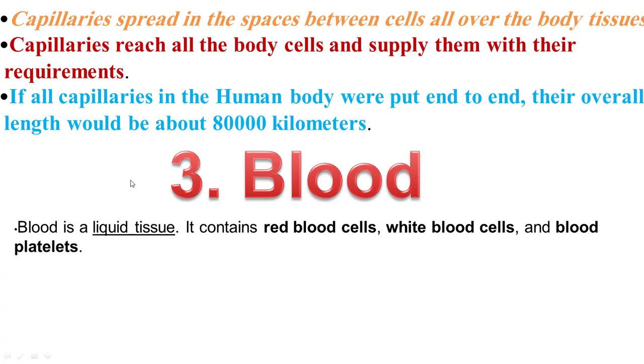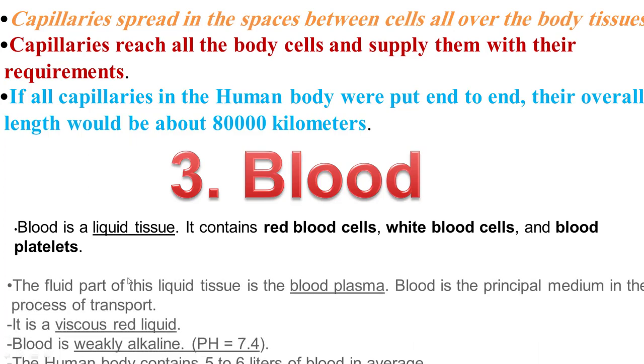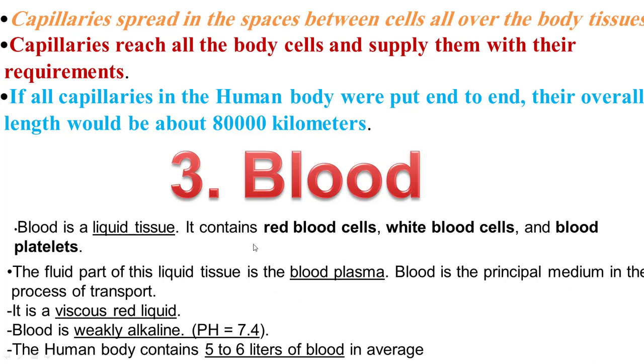Blood is a liquid tissue. It is a connective tissue, as you studied before in senior 1. It contains red blood cells, white blood cells, and blood platelets. The fluid that connects these cells is named plasma, blood plasma.